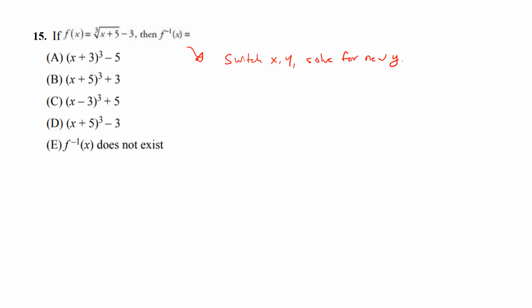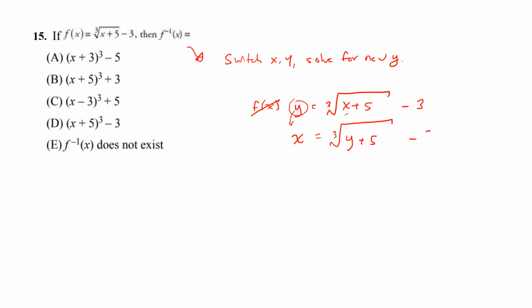So y equals the cube root of x plus 5 minus 3. Let me switch the variables right now. X equals the cube root of y plus 5 minus 3.